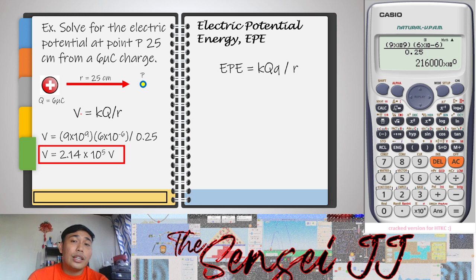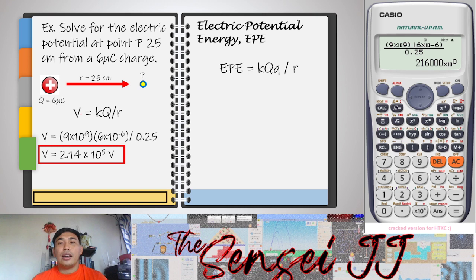So kanina yung ating V na ginagamit doon is actually doon sa formula natin ng dalawang plate is EPE na siya. EPE na kasi nagkaroon na tayo na yung ating isang charge doon is multiplied na sa ating electric potential. Okay? So yan.